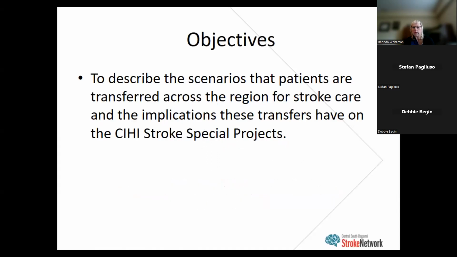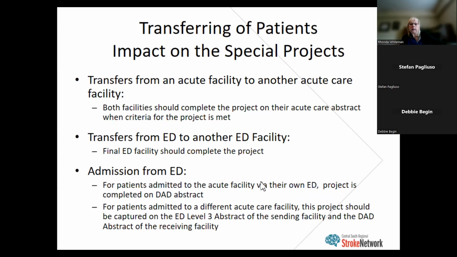So when we look at transferring patients across the region, what impact does that have for the special projects? It can be very challenging when we're moving patients, and it affects completion of the special projects. For a transfer from an acute facility to another acute facility, both facilities would complete the project in their abstract.